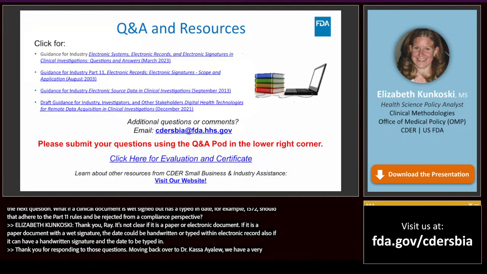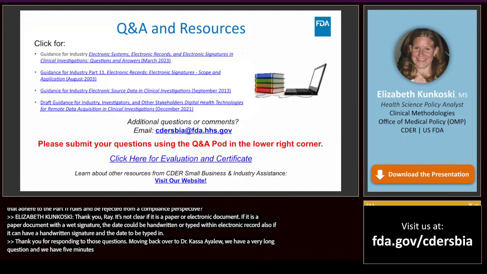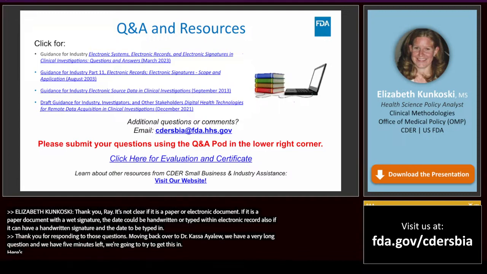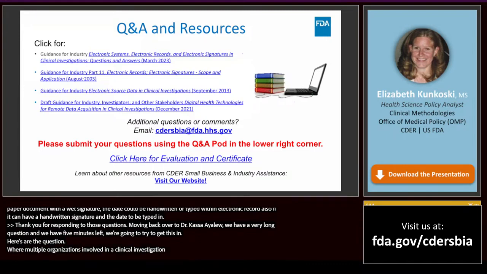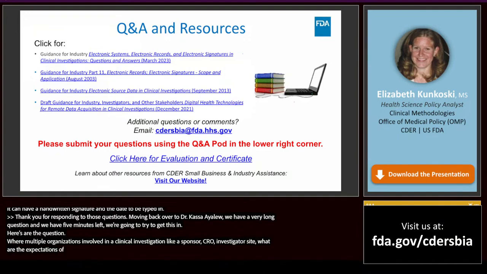Where multiple organizations are involved in a clinical investigation, like a sponsor, CRO, and an investigator site, what are the expectations of FDA for meeting the general requirements of Part 11.100?